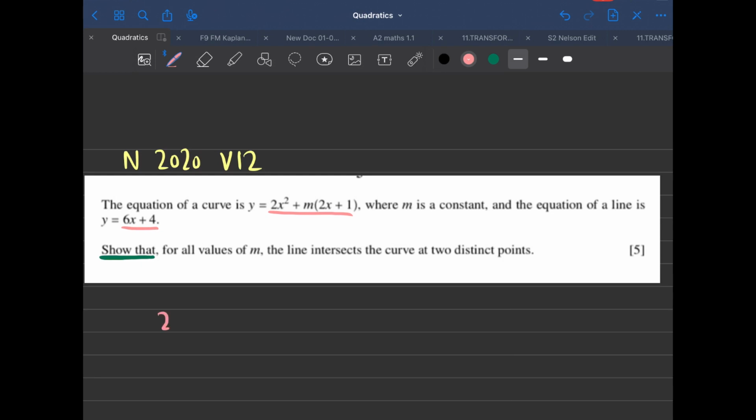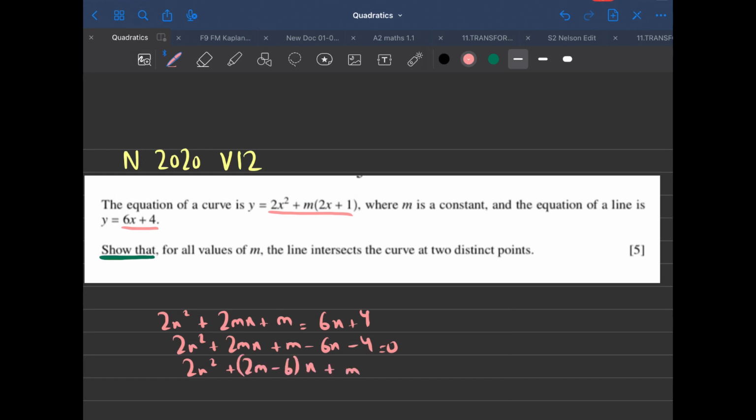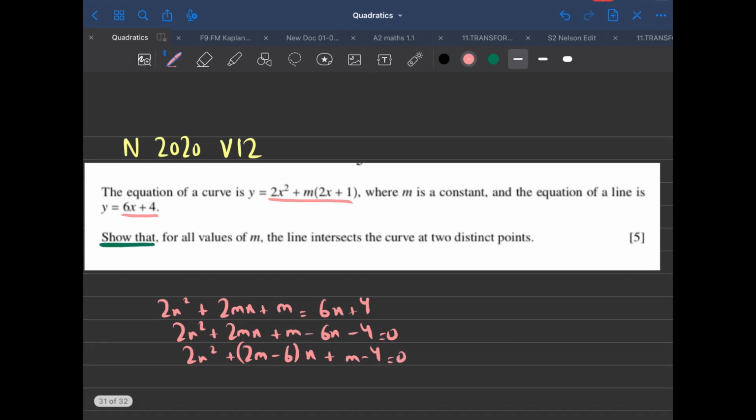Let's equate both. 2x squared plus 2mx plus n is equal to 6x plus 4, right? 2x squared plus 2mx plus n minus 6x minus 4. Now 2x squared plus 2m minus 6 x plus n minus 4. Now what's A?